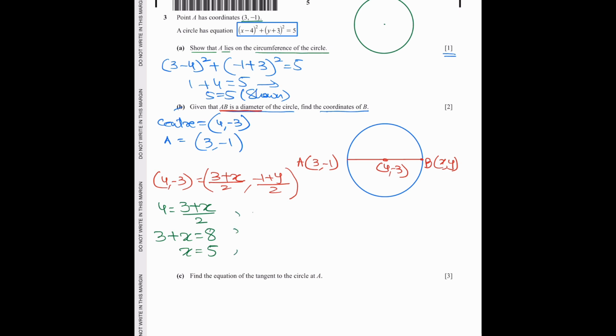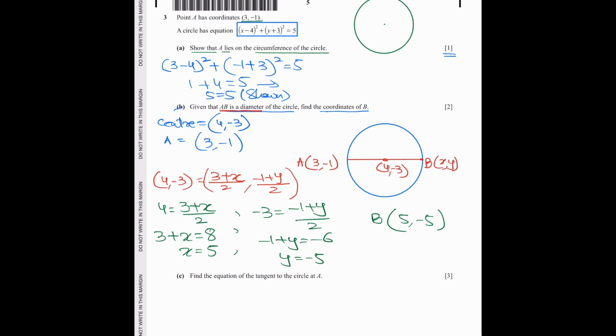Now using the y coordinate, -3 equals (-1 plus y) over 2, cross multiply, so we have -6, rearrange, so you will get -5. So the coordinates of B is (5, -5). So this is your answer for part B.